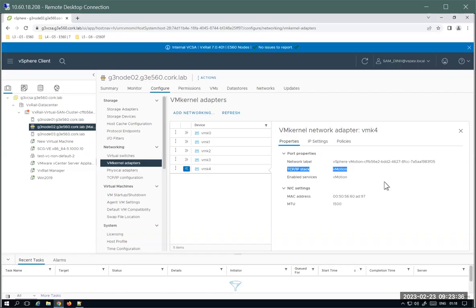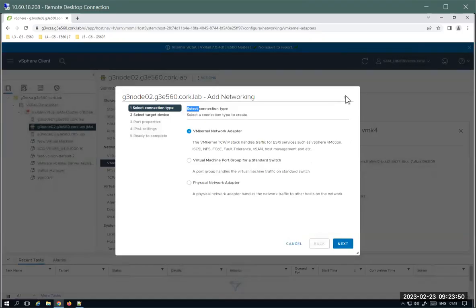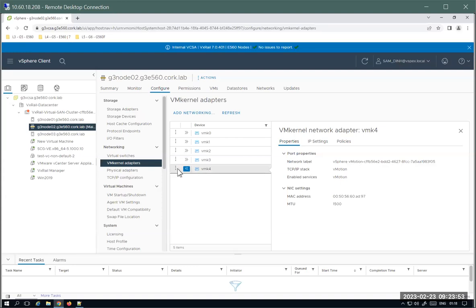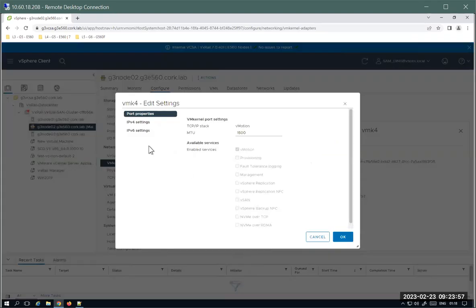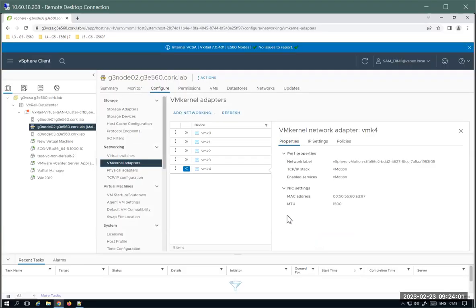It has a different TCP/IP stack, and it has the vMotion network here. So for this VMK, if you enable other services like management or vSAN, it will not work. Why? Because it's on a different TCP/IP stack.